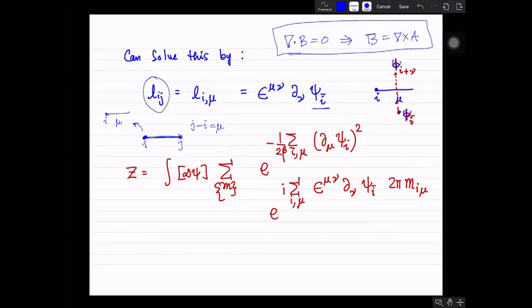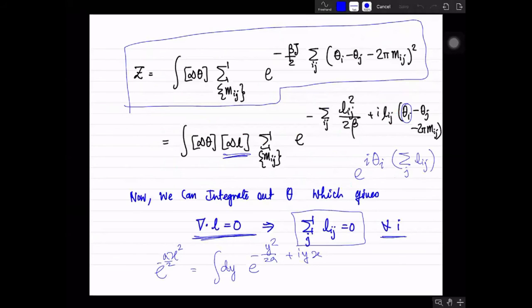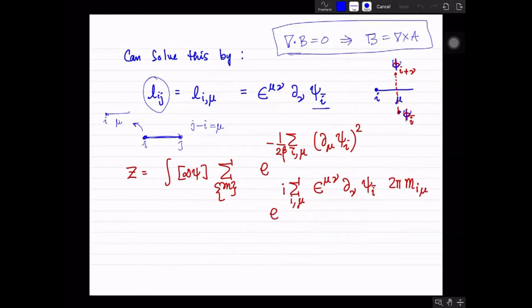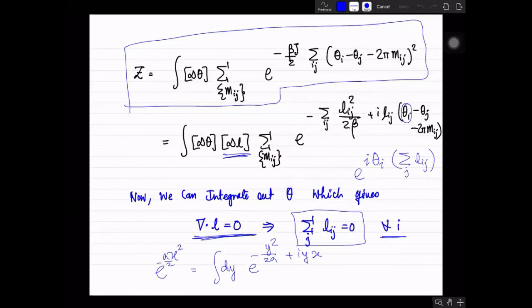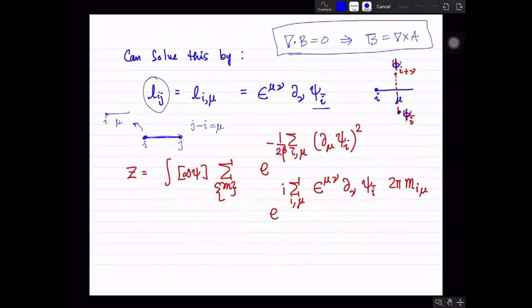If I do this and put it back, after some manipulation you would see that L square becomes this. And there is a term left, which is i Lij times 2 pi Mij. So that's this quantity.